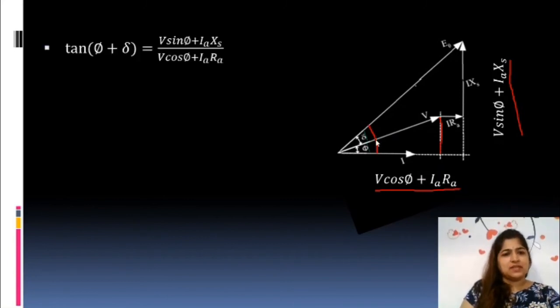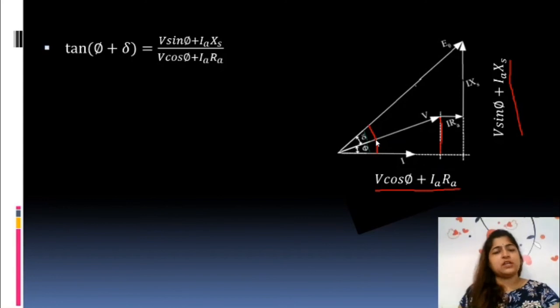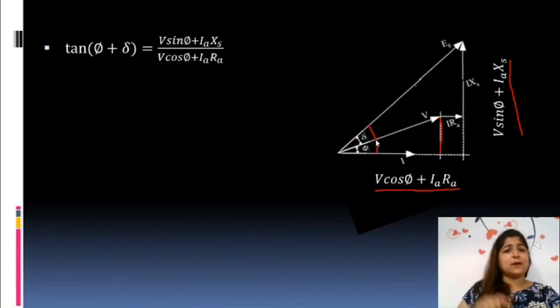Tan of phi plus delta is nothing but opposite upon adjacent. Opposite is V sin phi plus IAXS and adjacent is V cos phi plus IARA. Is that clear? Can I write it like this? From the right angle triangle, tan of phi plus delta is equal to V sin phi plus IAXS upon V cos phi plus IARA.